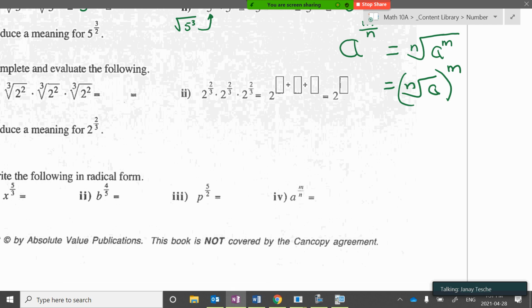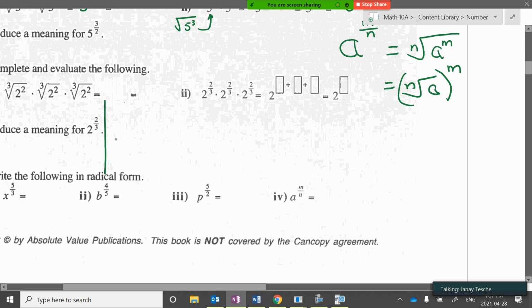So let's say I had 8 to the power of 2/3. I can rewrite that as the cubic root of 8 squared, which, what is 8 squared? 64.